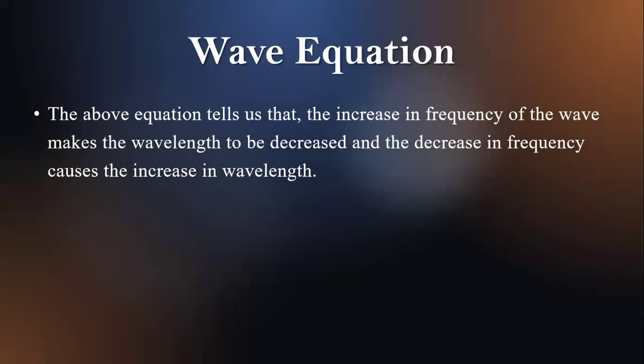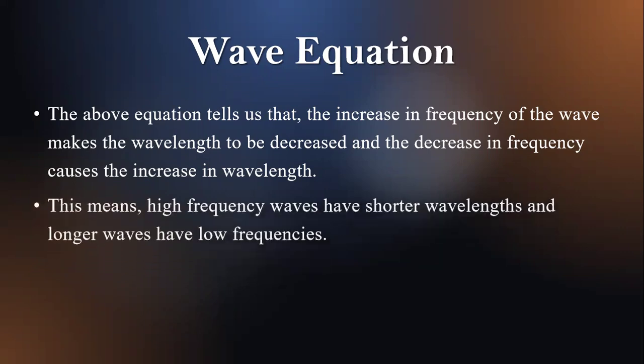So the above equation simply tells us that an increase in the frequency of the wave makes the wavelength decrease, and a decrease in the frequency causes an increase in the wavelength. So that's the meaning of inverse proportionality in this kind of equation.